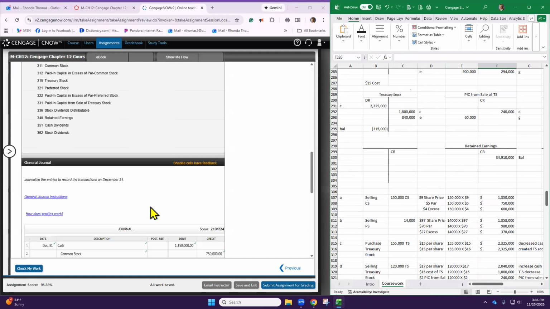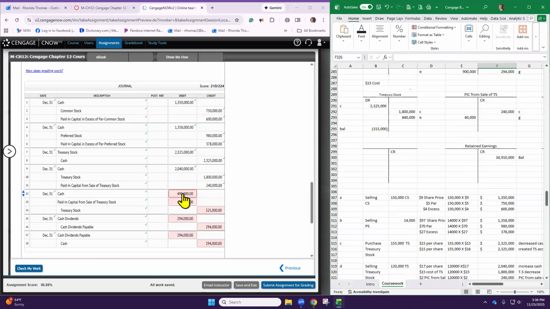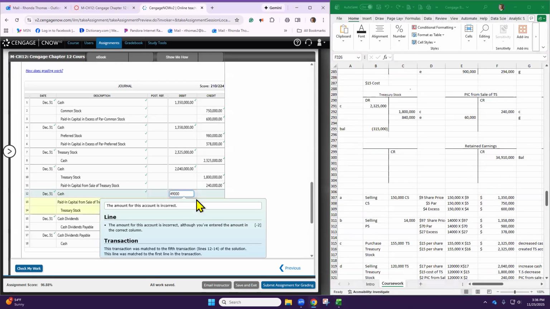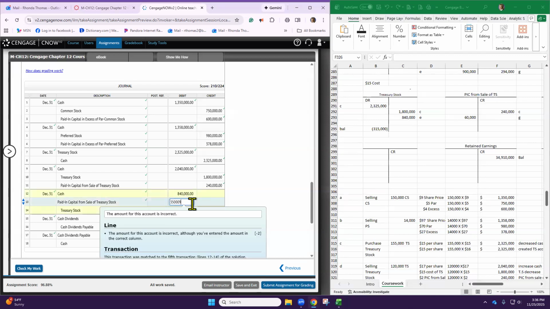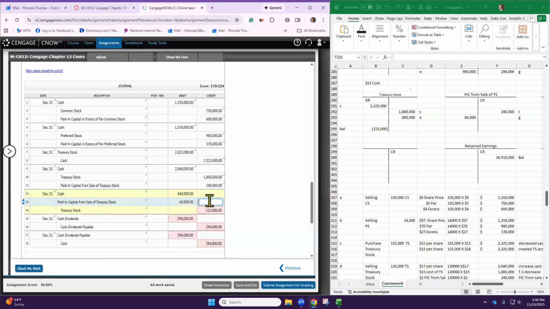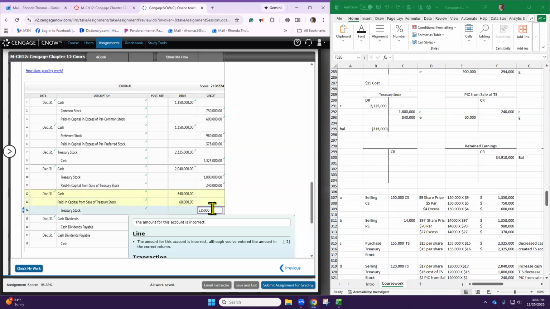Okay, so now let's put this in and see if it's correct. So we got 800. Okay, where are we? Okay, 840,000 in. All right, and then we got 60,000, making the paid in capital, and then treasury stock goes down by 900,000, which wasn't in there.